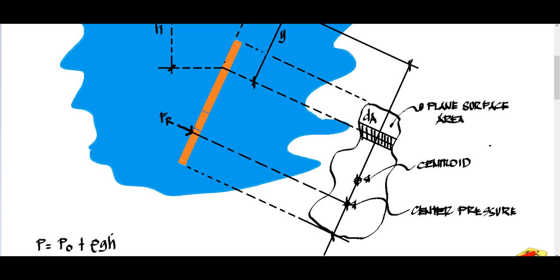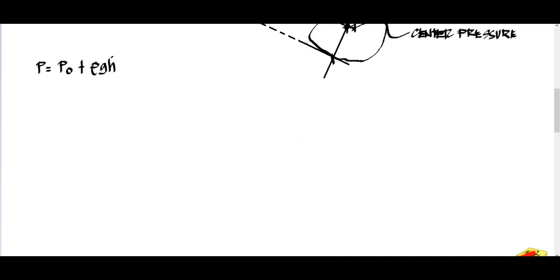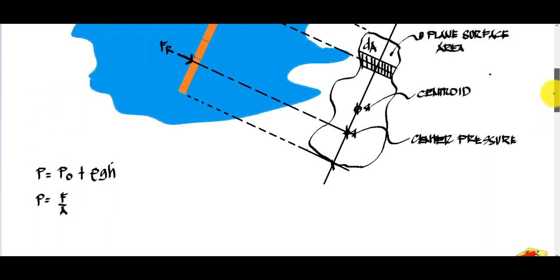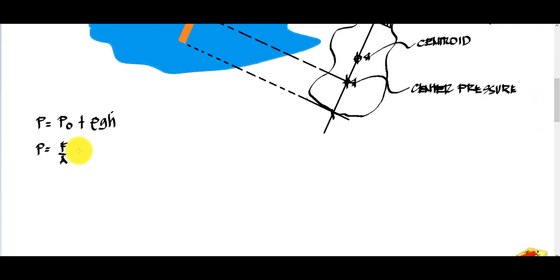The resultant hydrostatic force acting on the surface is determined by integrating the force acting on the differential area over the entire surface. So from our pressure equation, P is equal to force over area. Considering the differential area, we change this to force dF equals P times the differential area dA.